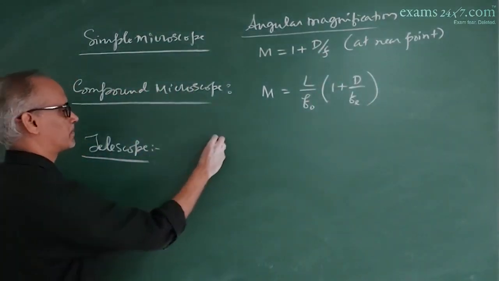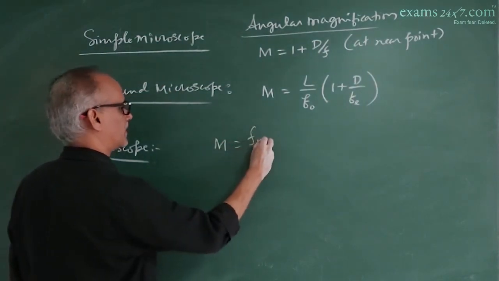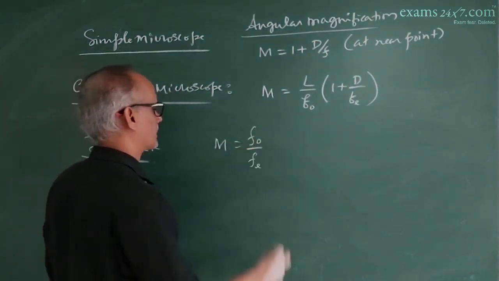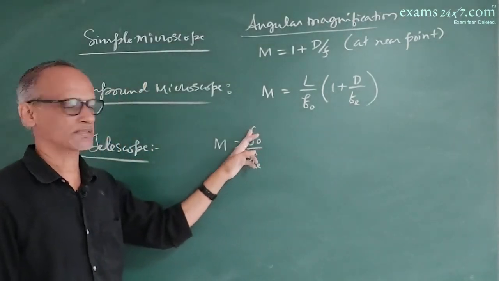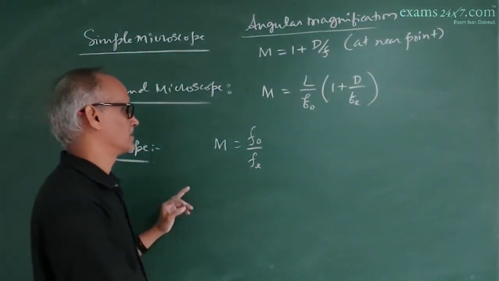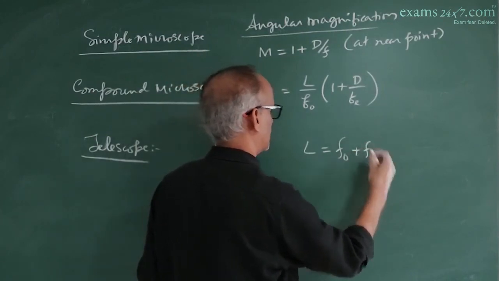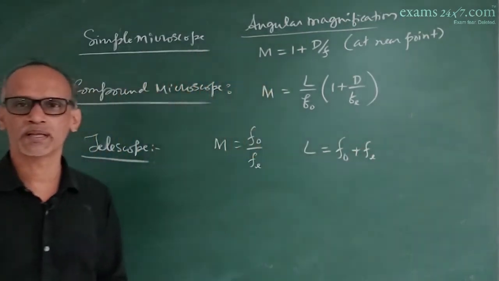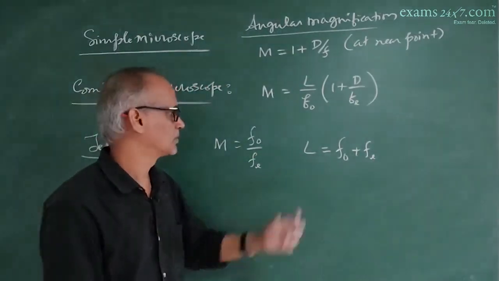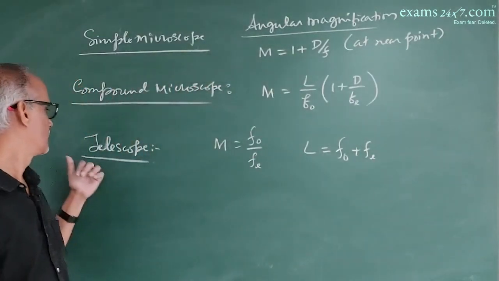And in a telescope, the magnifying power is given by Fo by Fe, the focal length of the objective lens to that of the eyepiece. And the length of the telescope is given by the sum of the focal lengths, which is Fo plus Fe. So that will give you the length of the telescope.